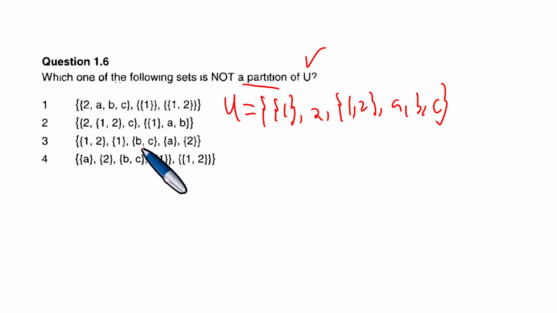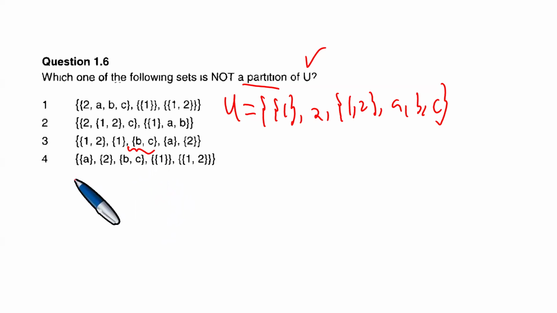The partition of U contains subsets of U. But we are rest assured that the subset BC is not there, because this BC is not a member of U. And so it is something that you obviously need to think about.